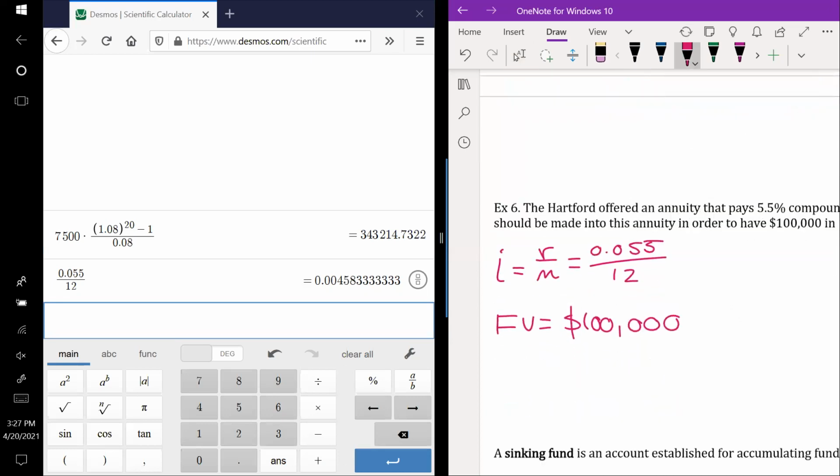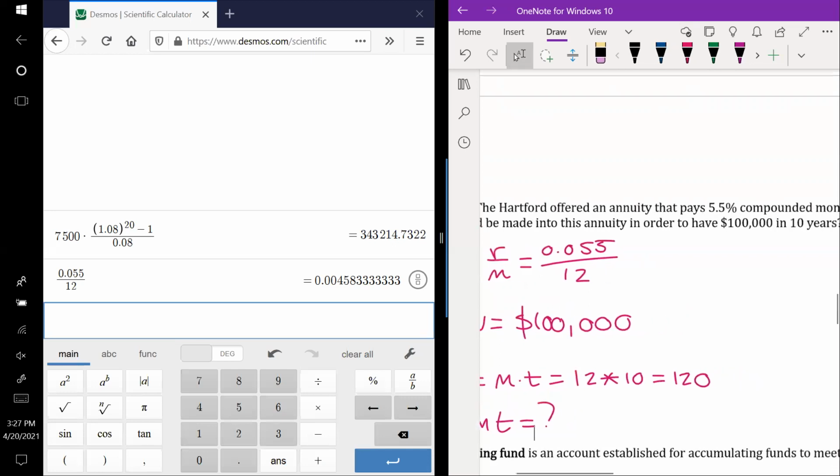And then we can find N, which is M times T. We are compounding monthly, so 12 times, and we want to do this in 10 years. So that's 120. Okay, and all we're looking for here is payment. So we will use the payment formula that's on the first page. So let's go ahead and plug in, again, everything that we know.